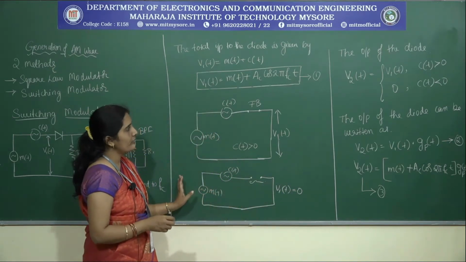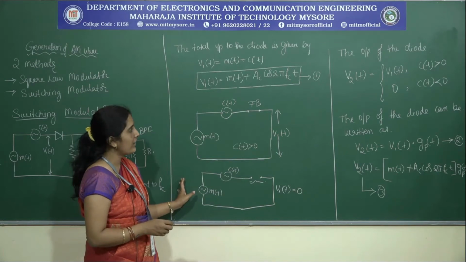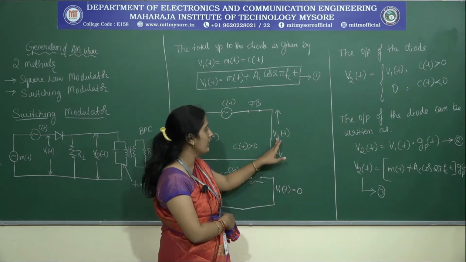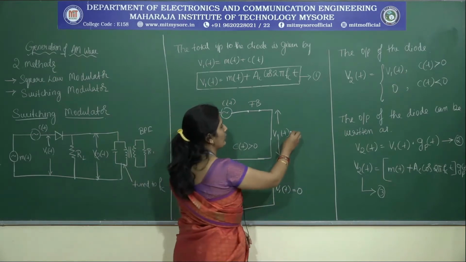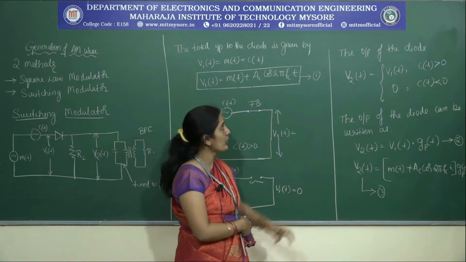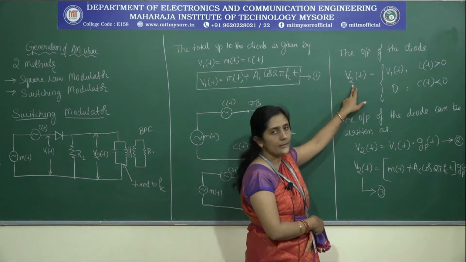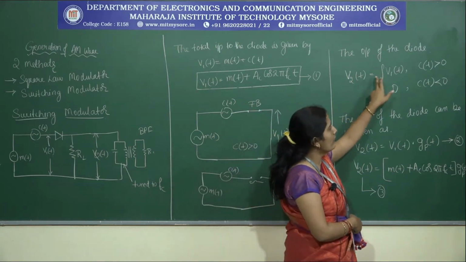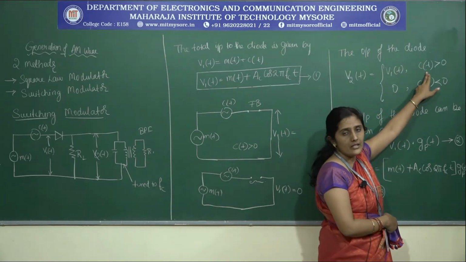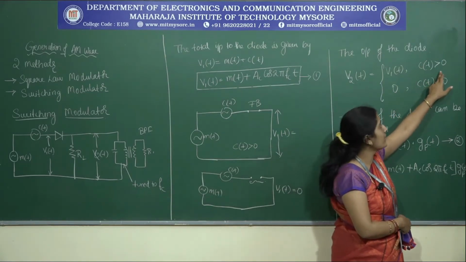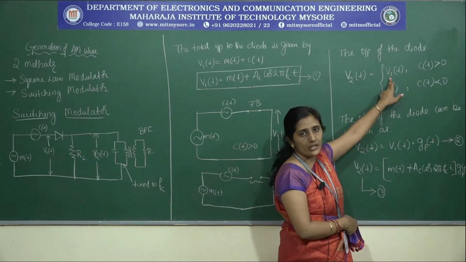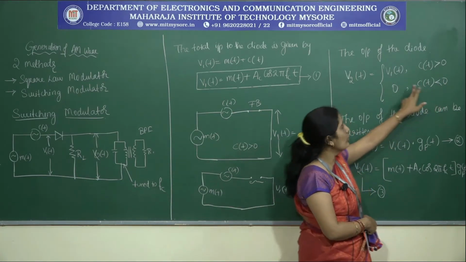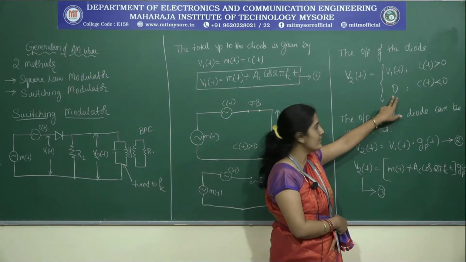Altogether we can write the output of the diode, v2(t), as follows: whenever the carrier signal c(t) is greater than 0, we get v1(t), and whenever c(t) is less than 0, we get the output as 0.